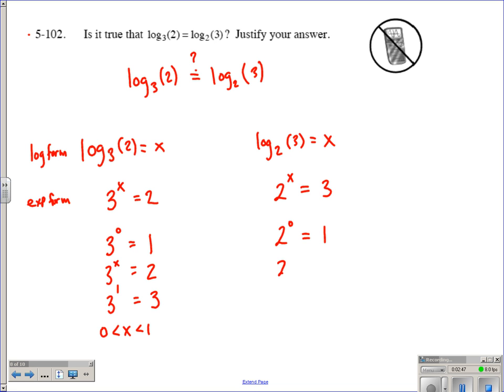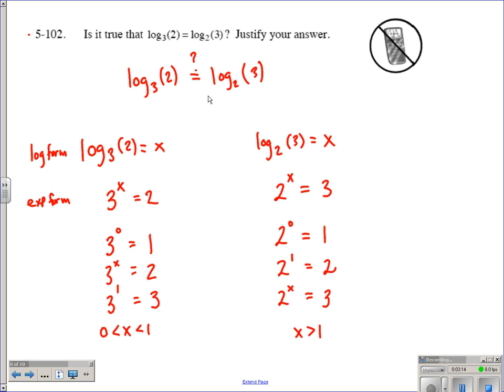I know that 2 to the first power equals 2. So if I wanted to equal 3, then my value of x has got to be greater than 1 in order for our value to increase.